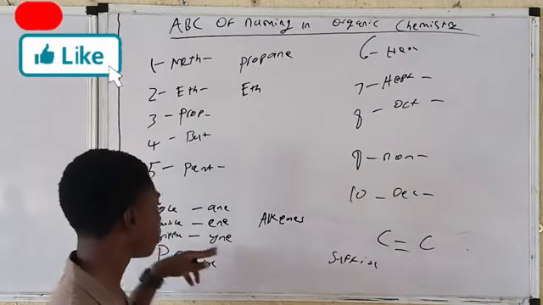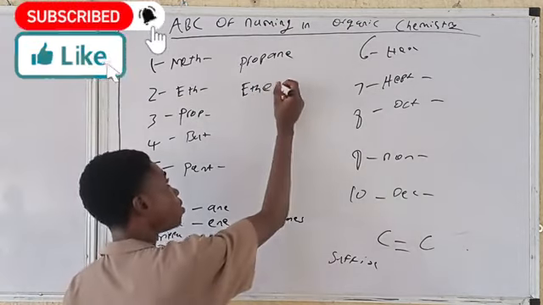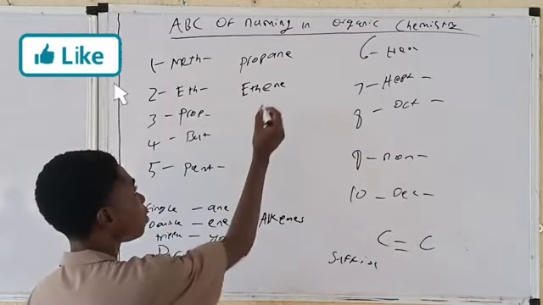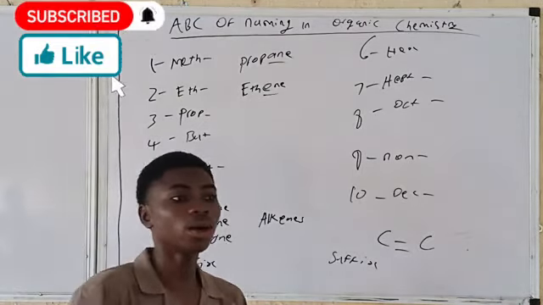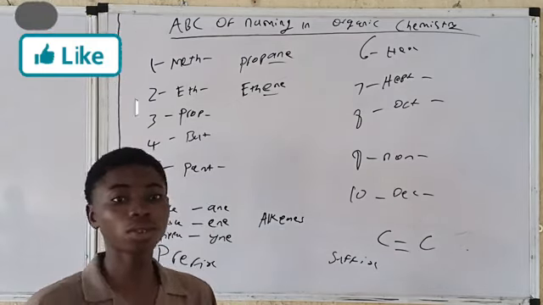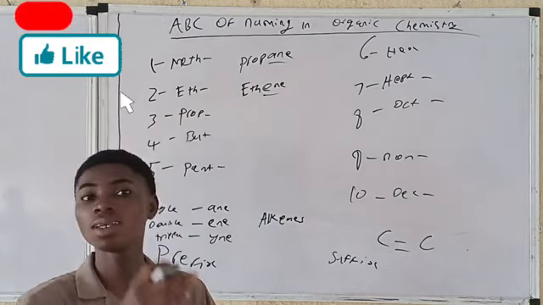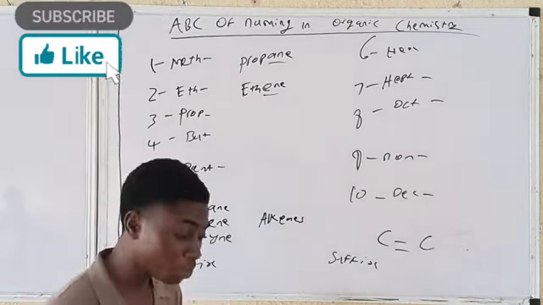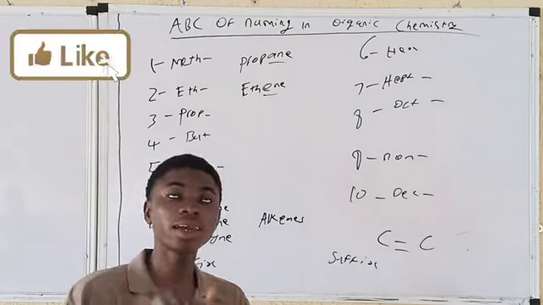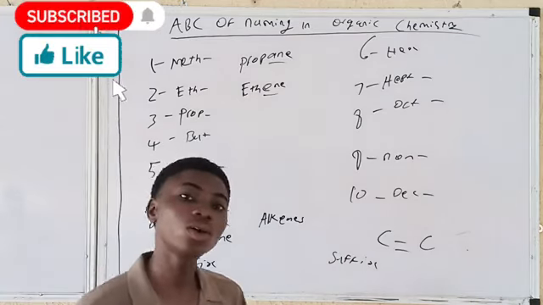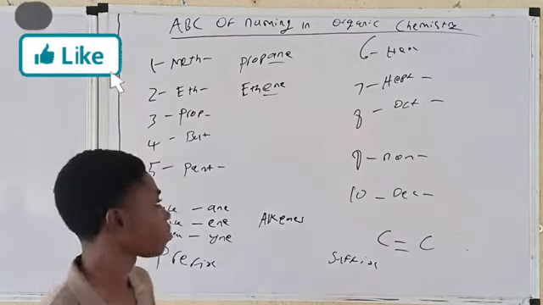Double bond is what? Ene. They are called alkenes. So this will be ethene. So also if you want to name any compound containing double bond, from the beginning you start with ethene, propene, butene, pentene, hexene, heptene, octene, nonene, and decene.